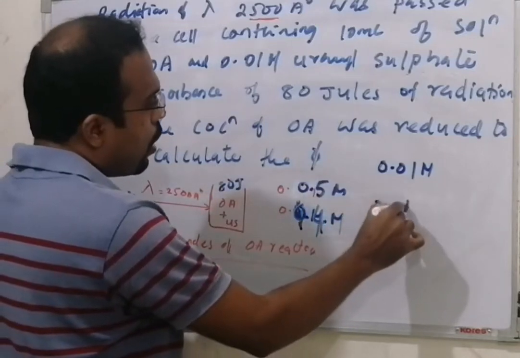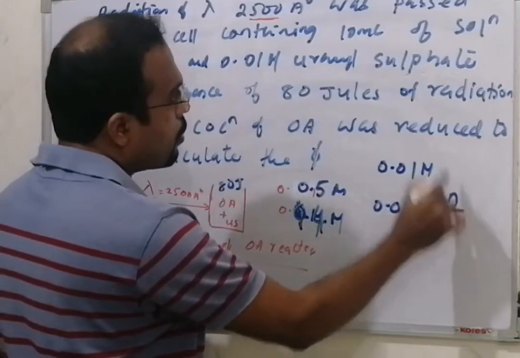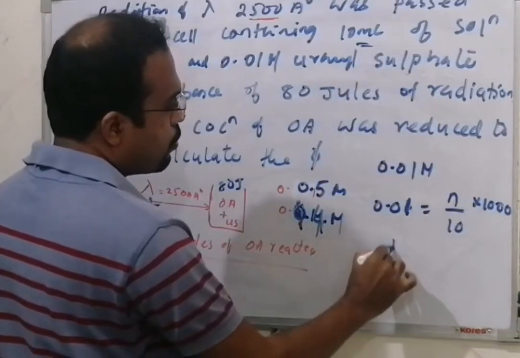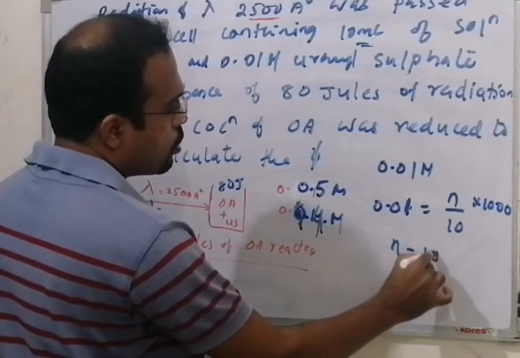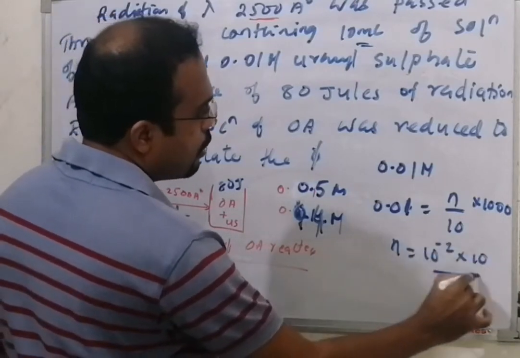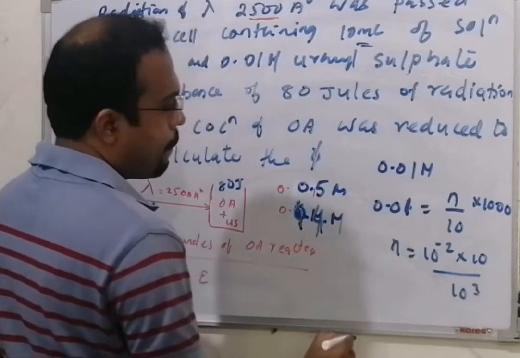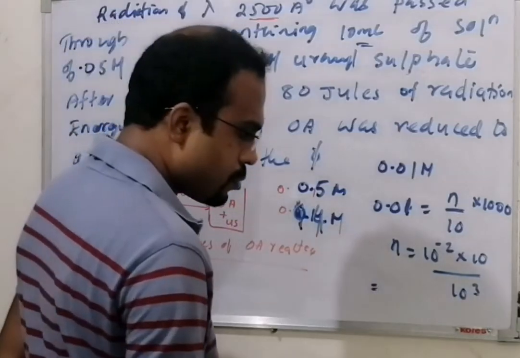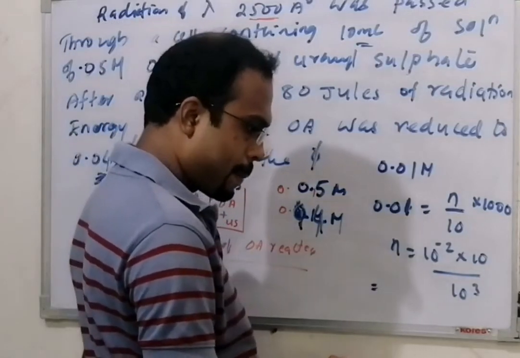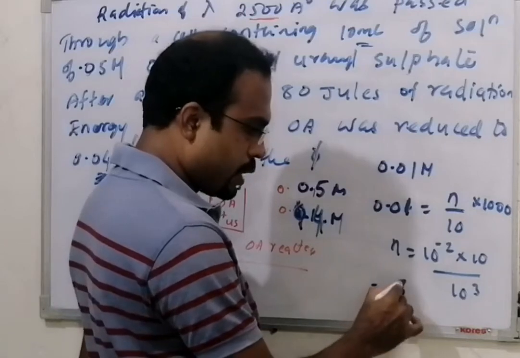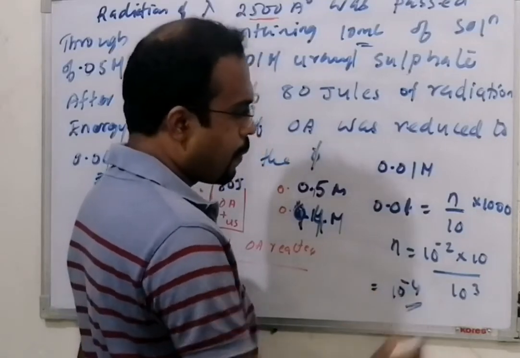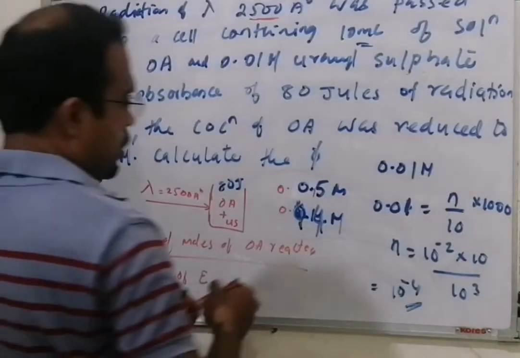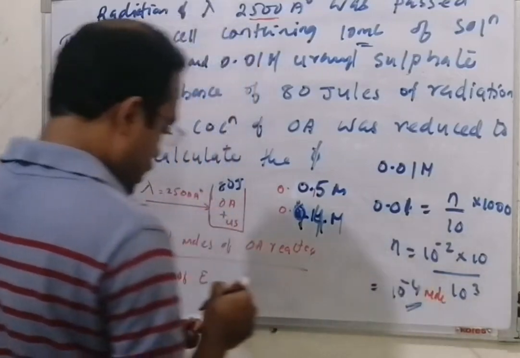Therefore, 0.01 multiplied by the volume, 10 ml, that is 10 divided by 1000. The number of moles of oxalic acid reacted is 10 raised to minus 2 into 10 divided by 10 raised to 3, that is 10 raised to minus 4 moles. This much moles of oxalic acid reacted.